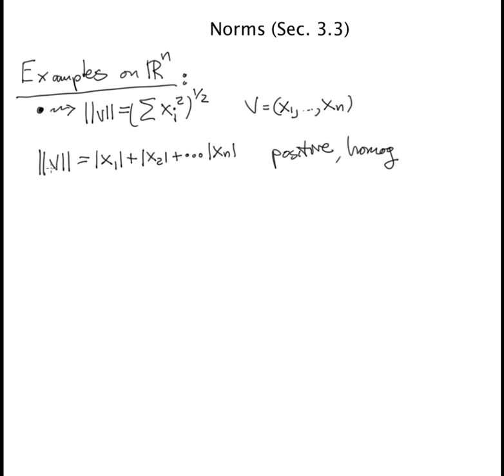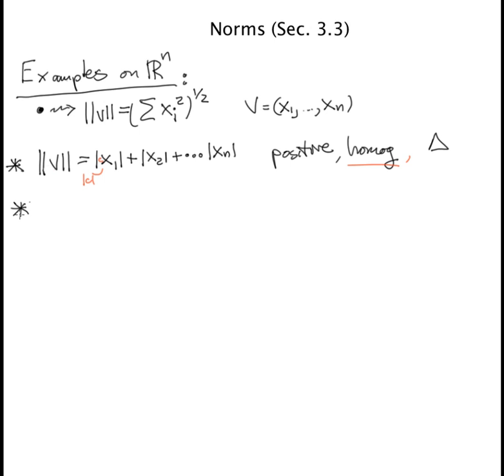If you put a scalar in here, you get a scalar in each of these, and it pulls out as the absolute value of the scalar. So the homogeneity is easy. And the triangle inequality is also clear from this formula. So this is an example of a norm, and here's a first example of a norm which doesn't obviously come from an inner product. And as a matter of fact, we'll see in a minute that it doesn't.